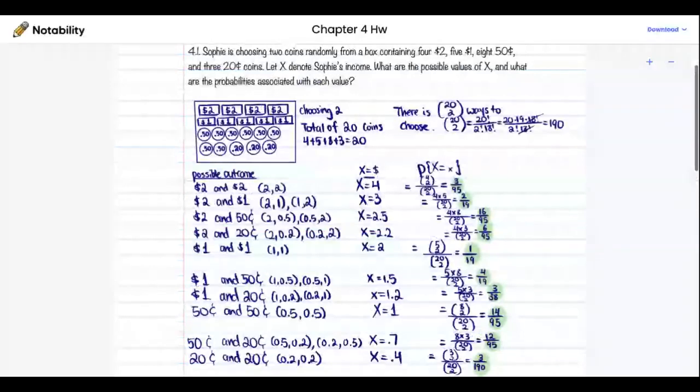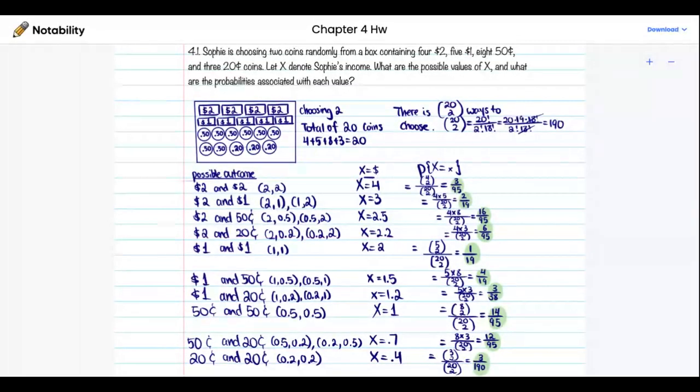Sophie is choosing 2 coins randomly from a box containing 4 $2, 5 $1, 8 50-cent, and 3 20-cent coins. Let X denote Sophie's income. What are the possible values of X, and what are the probabilities associated with each value?